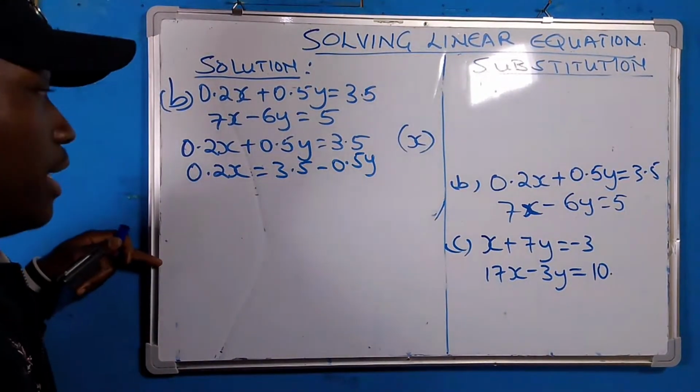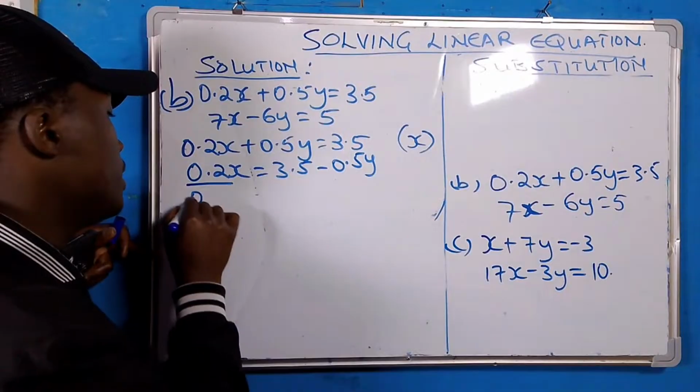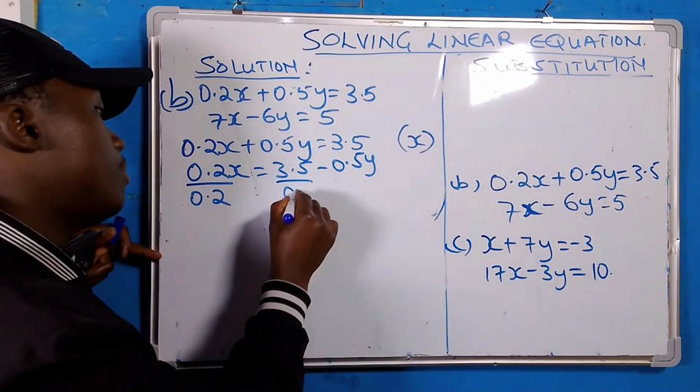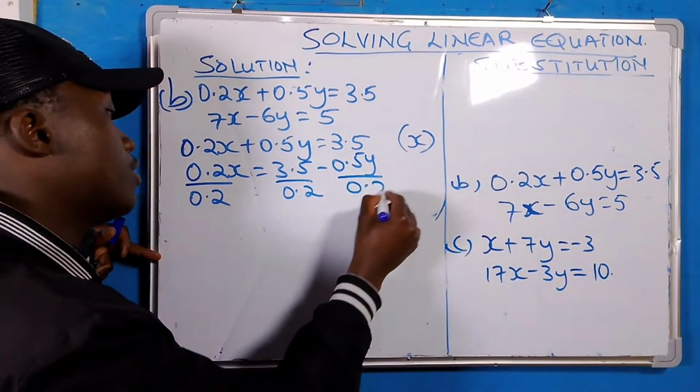Since we want to be left with x alone, we divide everything by 0.2.